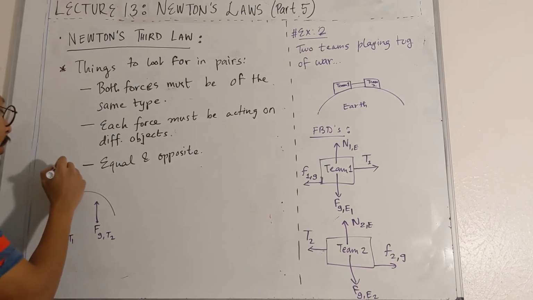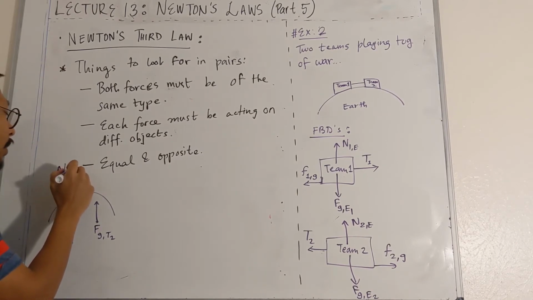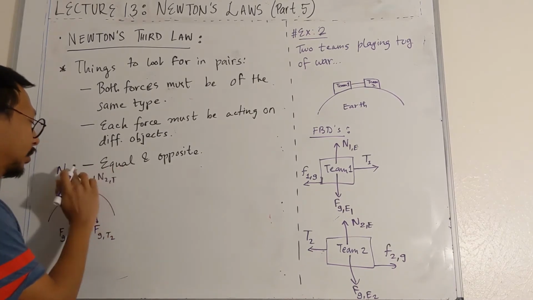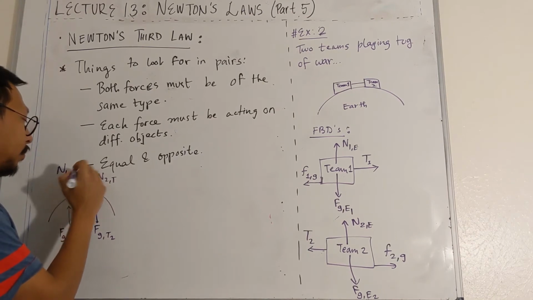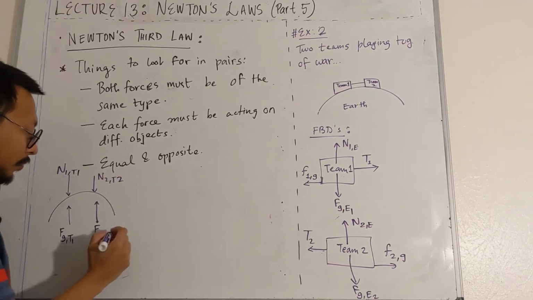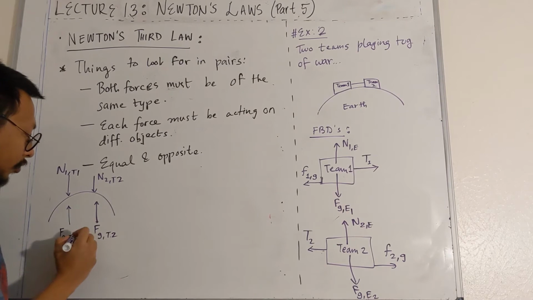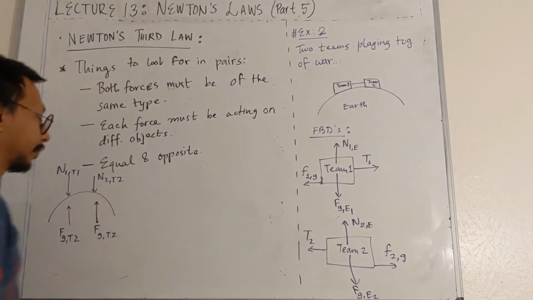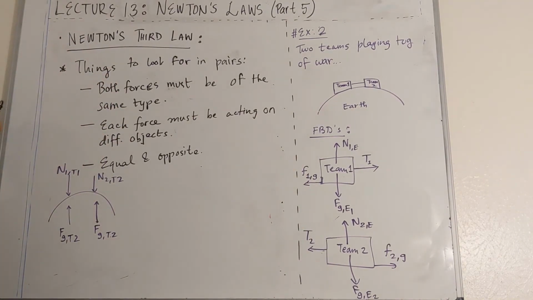So let's call this N1 by team 1 on Earth, and let's call this N2 by team 2. This is confusing, so I'm going to remove the subscripts and write it as numbers beside T's, because subscript T means tension.